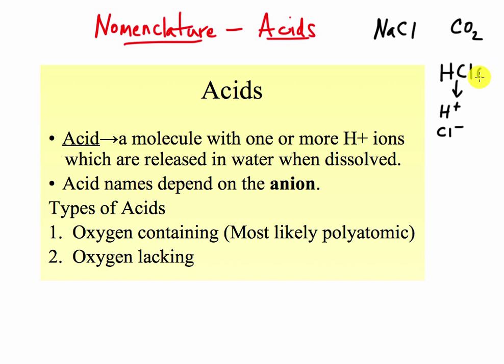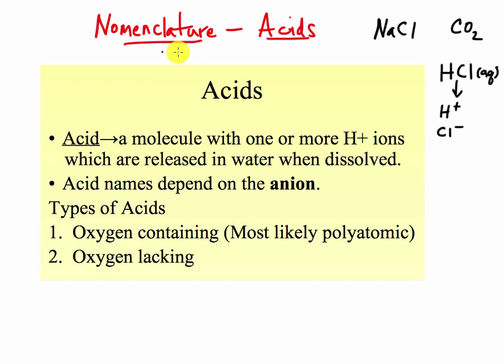Some teachers use this little notation called AQ, which means aqueous, which means that it's dissolved in water, because they're under the impression that an acid only has acid properties when it's dissolved in water. I don't use that notation for acids. I will specifically say, name the acid or give me the formula for the acid. If I don't, I will accept either the molecular name or the acid name. I'll explain that as I look at some examples.